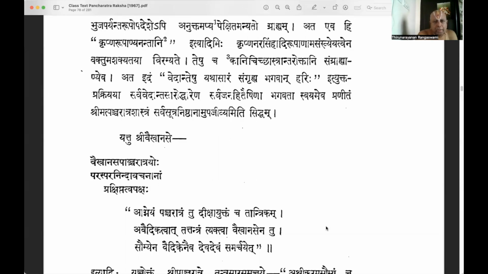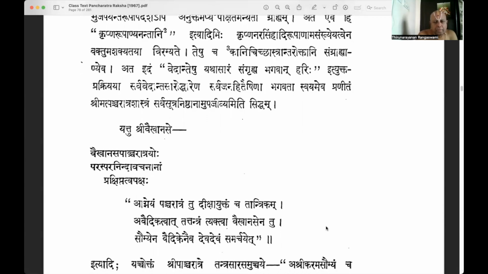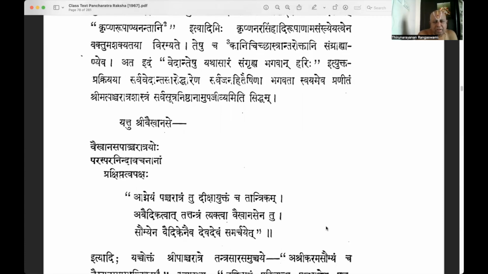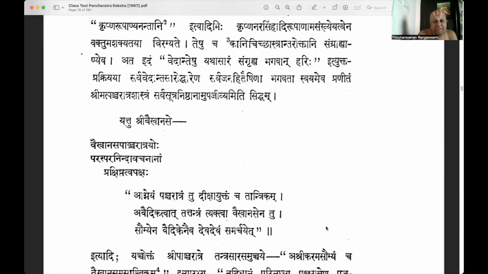Ataha evahi, therefore only indeed, Krishna Rupani Anantani. He says Lord Krishna also can possess 16 hands or minimum 2 hands. That means, I told you Vishwarupam is shown only in Krishna Avatara to many people.